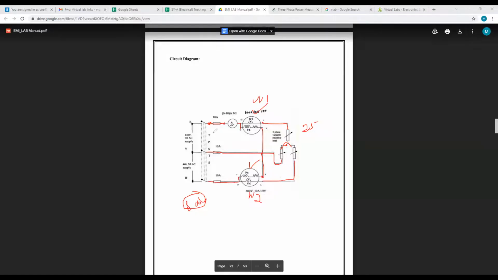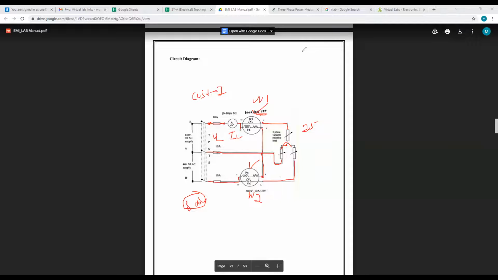Next, the voltage value VL and IL we will measure. And for the balanced load, the power factor is unity power factor. UPF is nothing but unity power factor. Unity means cos phi equal to 1.